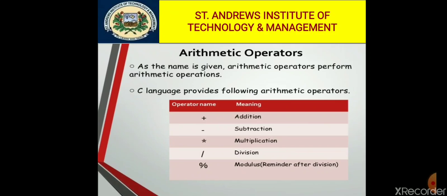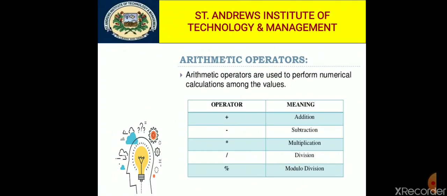Addition, subtraction and multiplication are termed arithmetic operators. Basically, arithmetic operators are used to perform numerical calculation among the values. In other words, they are used for calculation in mathematical expressions.